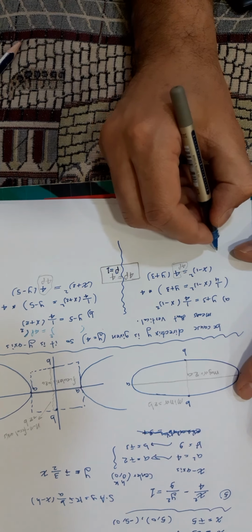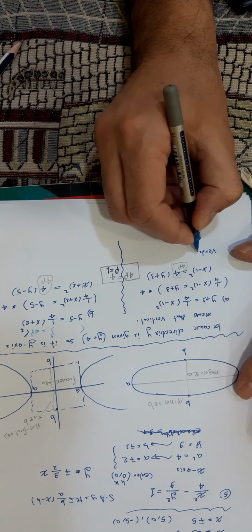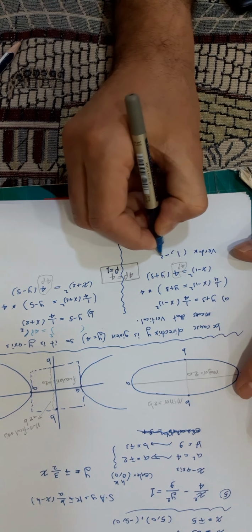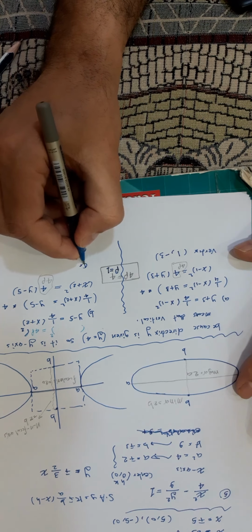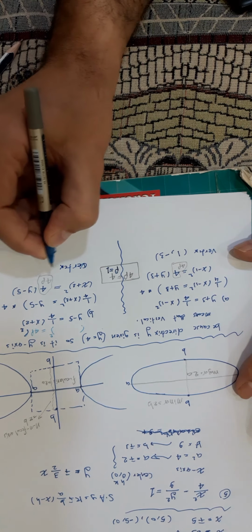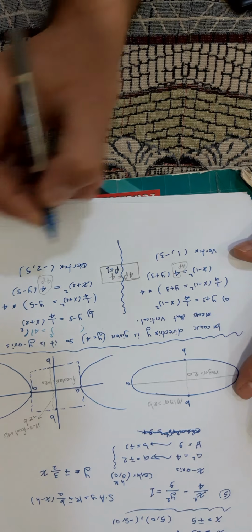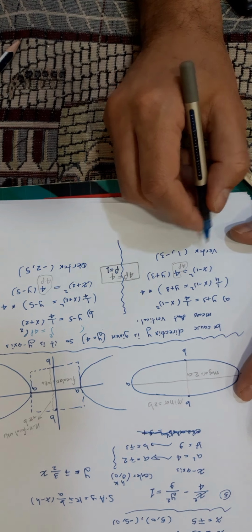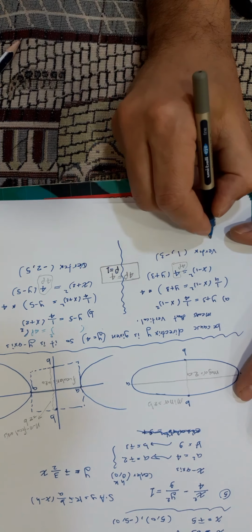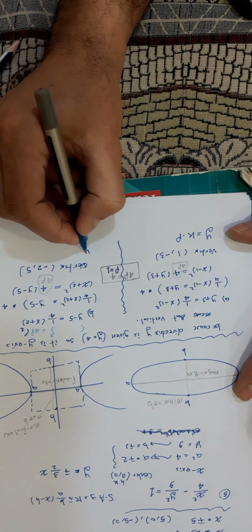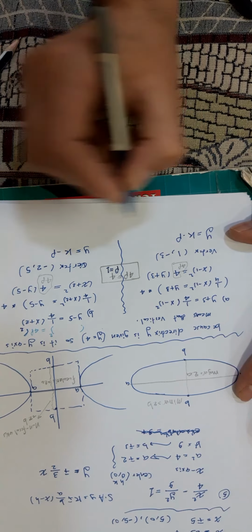Now the vertex (h, k) is 1 and negative 3 for the first, and negative 2 and 5 for the second. The rule of directrix for the y-axis is y equal to k minus p.